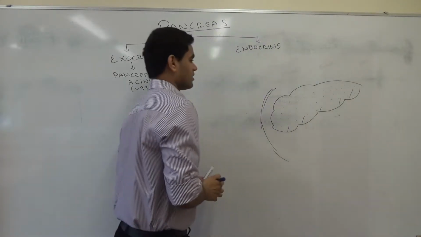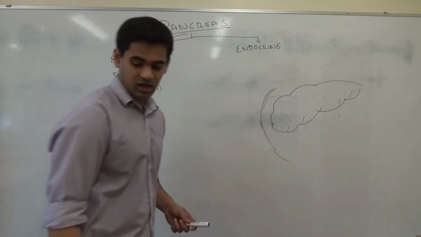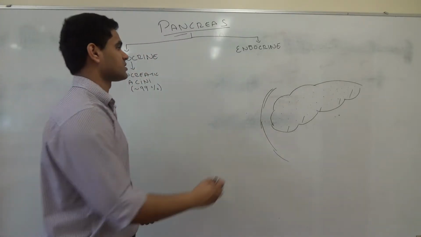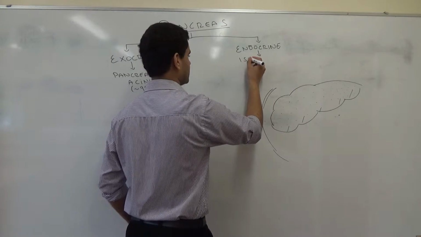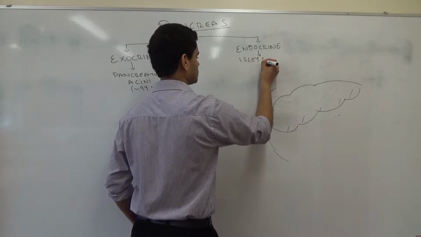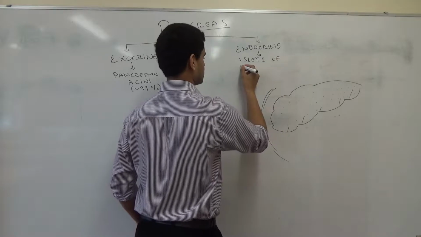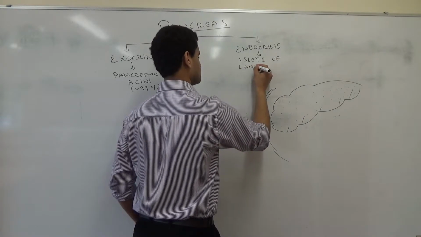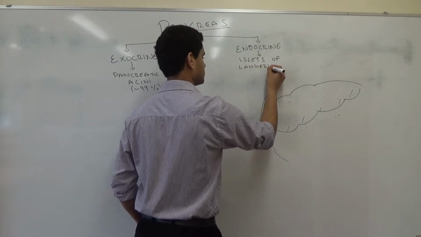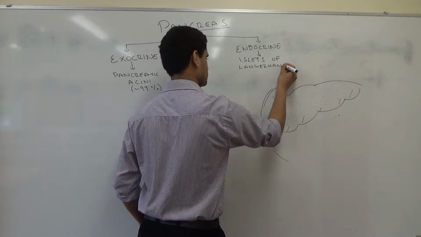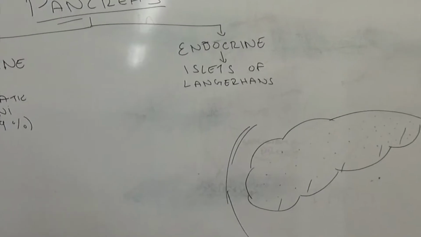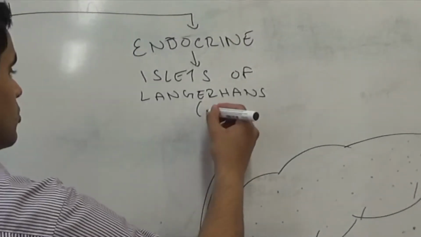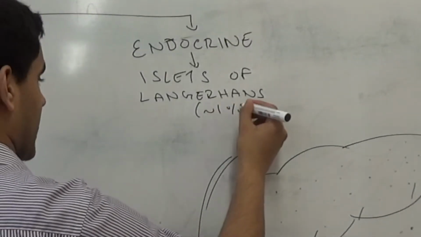Okay. And these islands of cells are called the islets of Langerhans. And actually, by mass, they only make up around 1% of the mass of the pancreas.